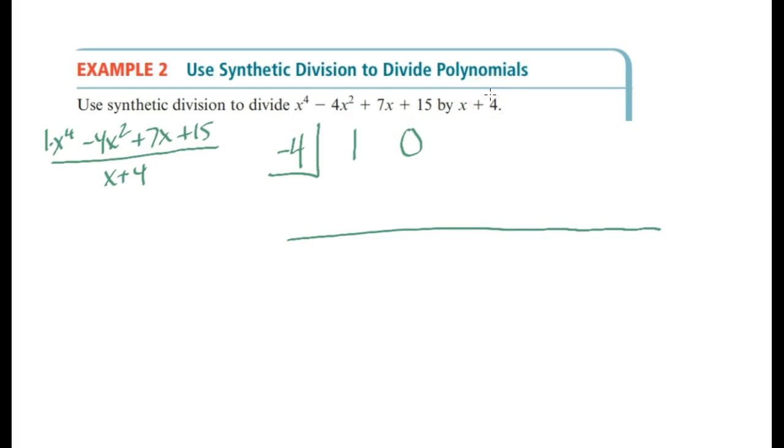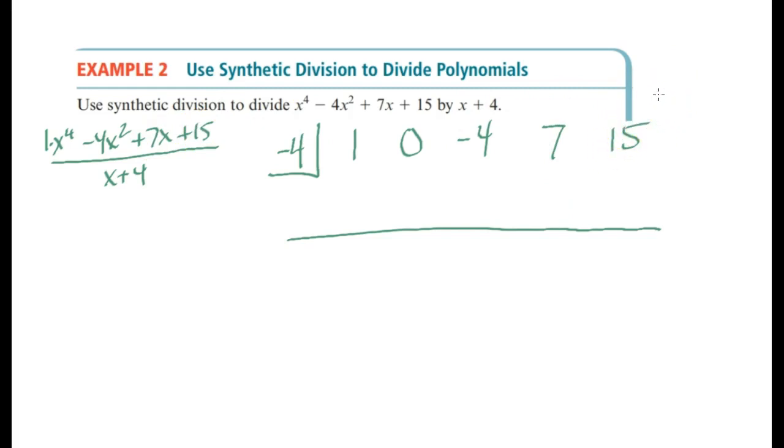You want to make sure you're not skipping any terms. You want to include all coefficients. And then we have x squared, and that coefficient's negative 4. And then we have x, and that would be positive 7. And then the constant 15.